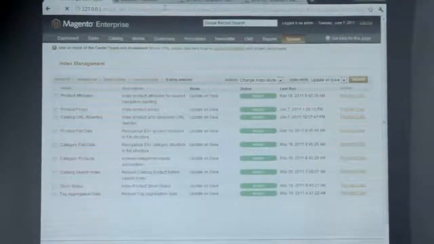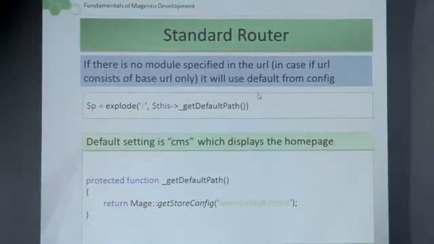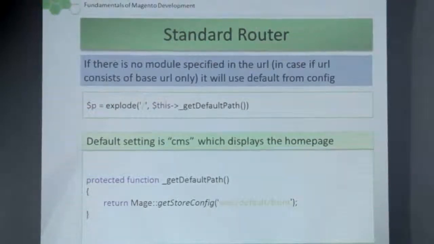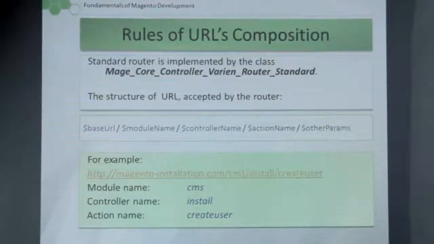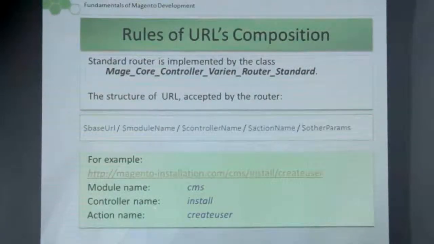So again, this slide here is talking about what happens when we go to site.com, and we haven't specified a front name. Actually, let me go back here. This module name here, really, that should be front name, because that's what it's called. That's the actual configuration node in Magento.